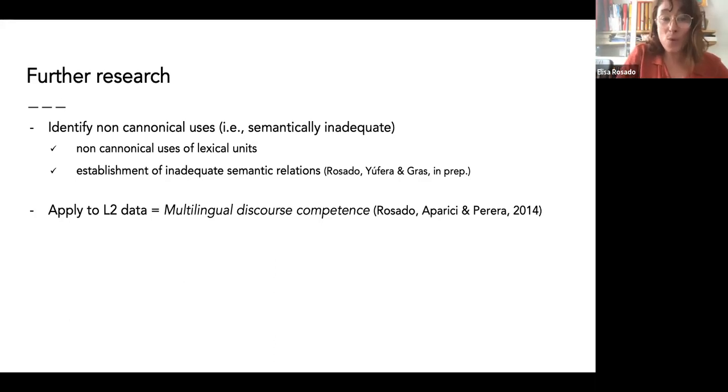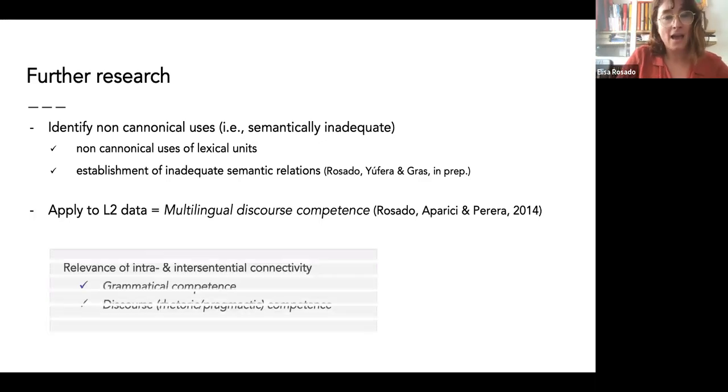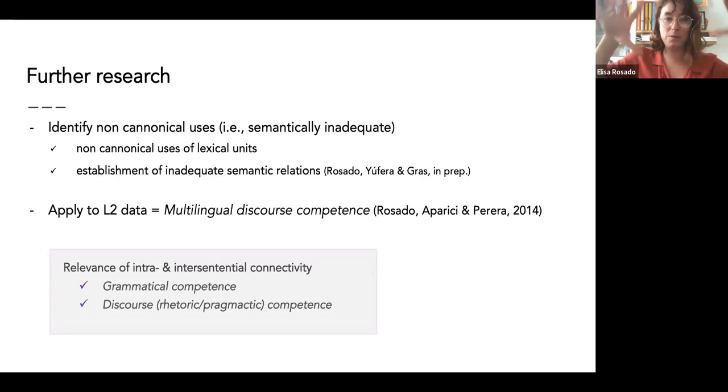And we are also expecting soon to be able to apply it to second language data, because we are certain that these markers are, let's say, at the crossroads between grammatical competence and discourse competence, as the one you develop with age, from a developmental perspective, right?